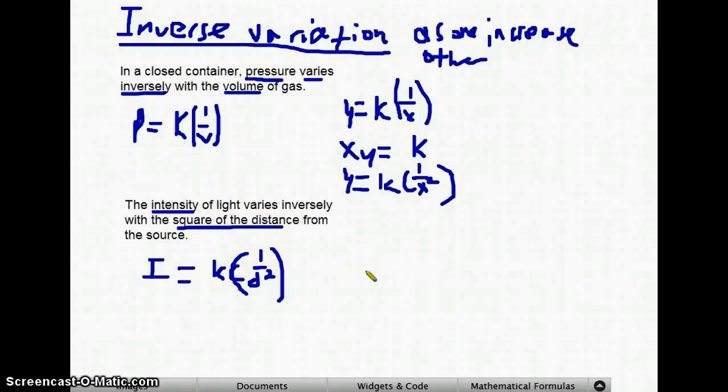And then from here, we can actually use an example. The best example to use is Boyle's law. Boyle's law tells us that in a closed container with constant temperature, the pressure of gas varies inversely with its volume.